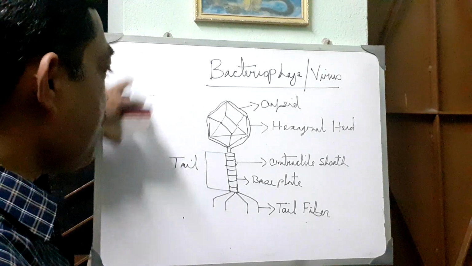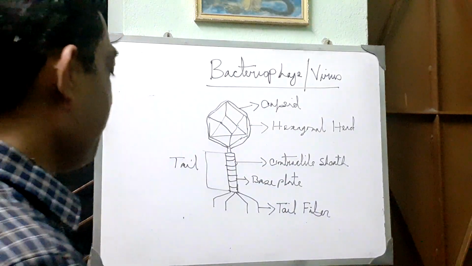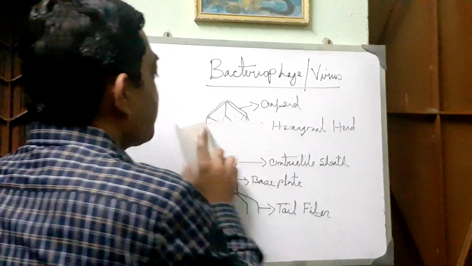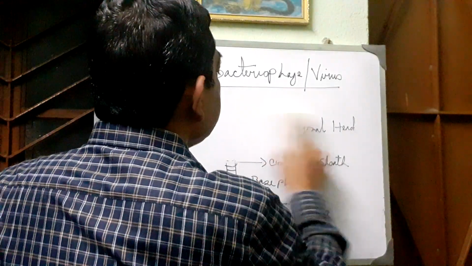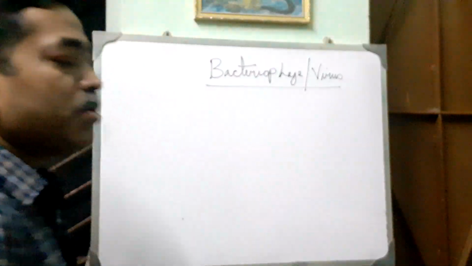So this is the common structure of the bacteriophage virus particle, and now we are going to discuss the 2 cycles of bacteriophage.